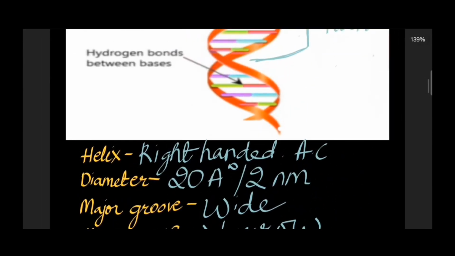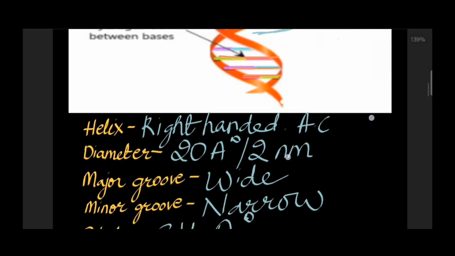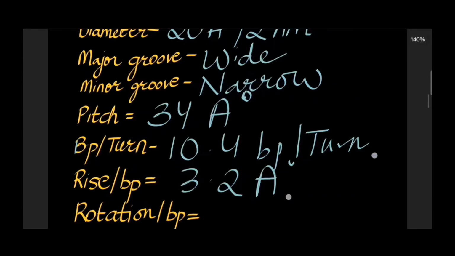And imagine you are stepping on each stair, moving in the upward direction of the spiral staircase. When you move upward, you step on another stair, and you also turn your body to one particular angle, right? So you are rotating to some point. That is exactly the rotation per base pair.